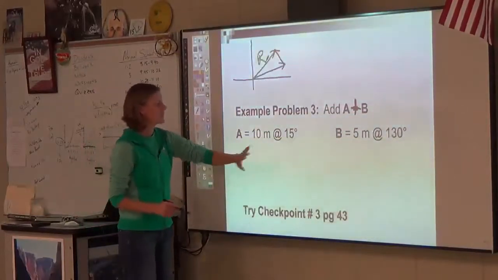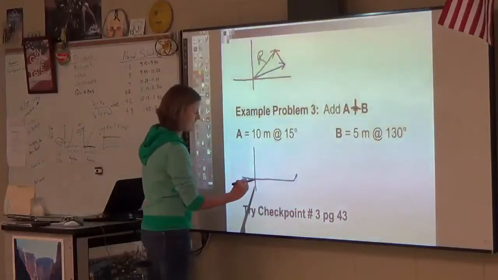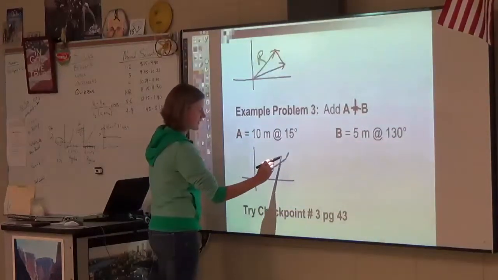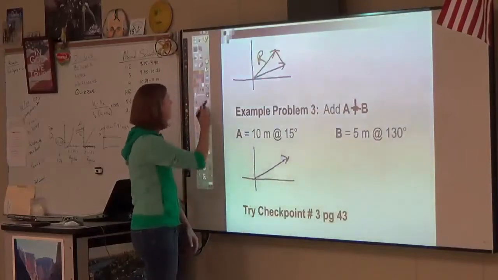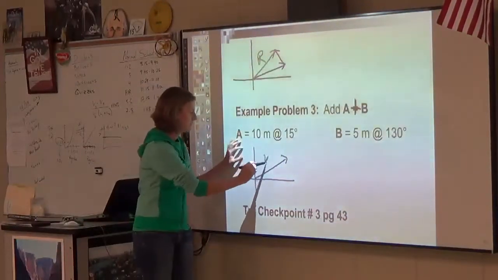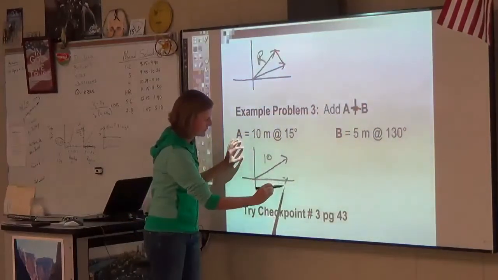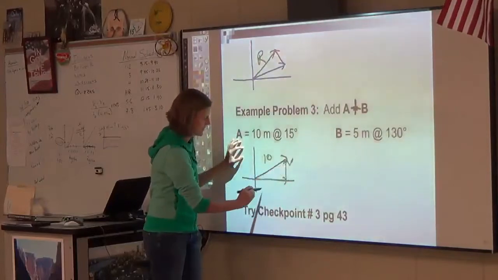All right, now we're going to sketch them separately and do the components like you're doing for homework. So here's A. So Ax is to the right and Ay is up.